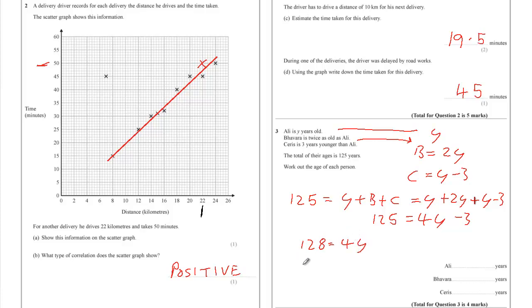Divide by 4. We could use a calculator here, but it's quite straightforward. Halve 128 to start with, 64. Halve again, 32. So y equals 32. Bavara is 2 times 32, and Ceres will be 32 minus 3, 29. Okay, done.